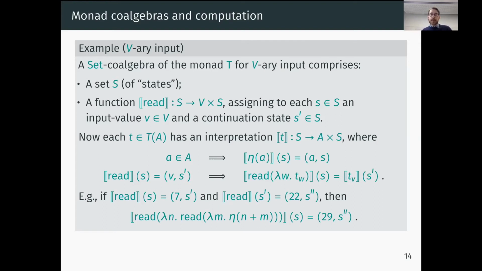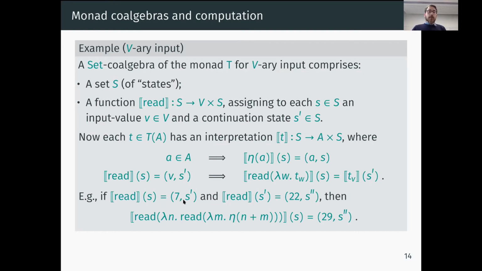Okay? So maybe this is easier if I give you a little example. Remember this program here, which is supposed to read two numbers and then return their sum. Suppose I run this starting from state S of a coalgebra. Suppose, moreover, in this coalgebra, if I apply my basic operation to S, I get 7 and S prime. And when I apply my basic operation to S prime, I get 22 and then S double prime.